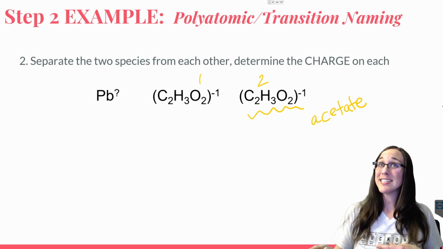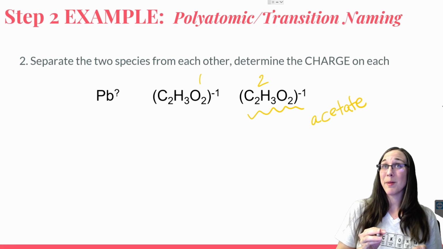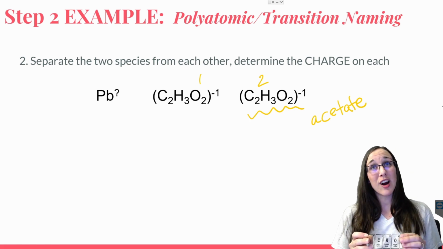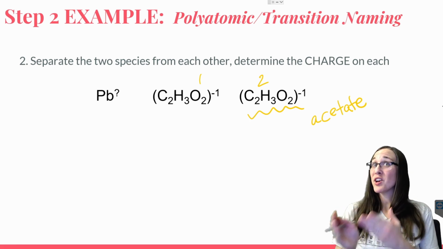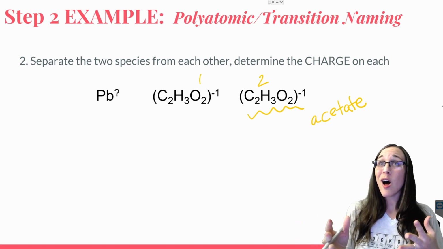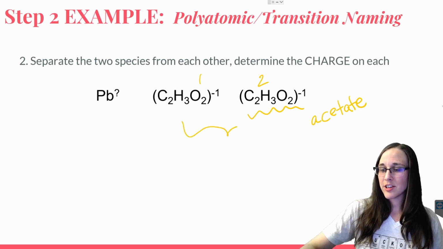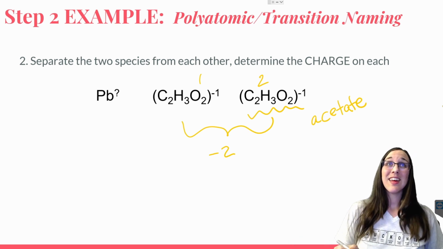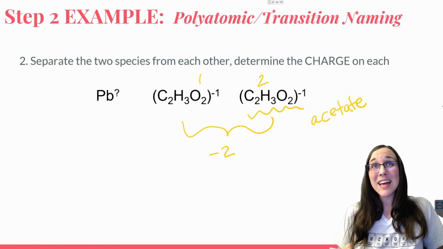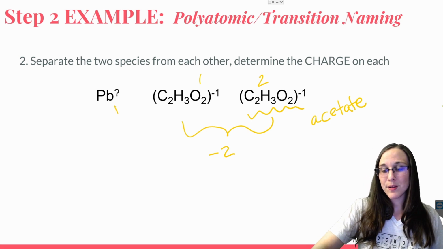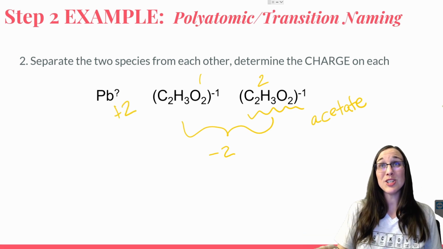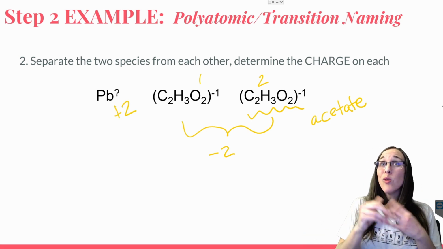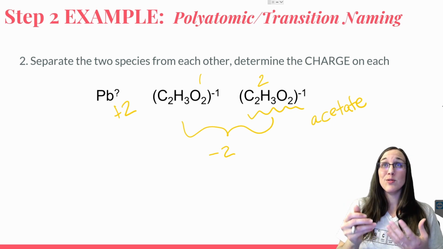And each acetate, looking back at my polyatomic ions list, possesses a charge of -1 per cookie. So overall, I have together a charge of -2 between both acetate cookies. That means that lead itself must have a +2 charge, because +2 - 2 gives me an overall 0 neutral molecule.